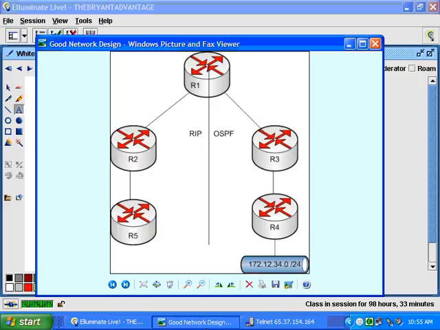Now, this network setup would cut your chances of routing loops greatly, again, because the only interconnectivity between the RIP and OSPF domains is at the point of route redistribution. Because one of the things you've got to decide in advance is where your protocol border routers are. That's where both protocols involved in redistribution are configured.